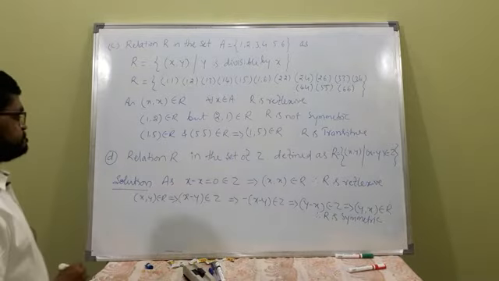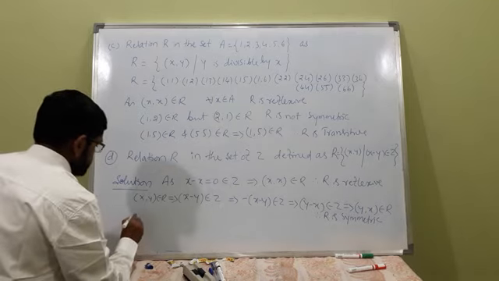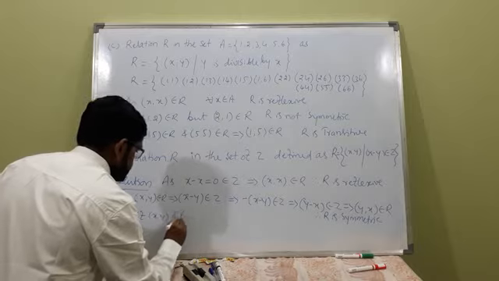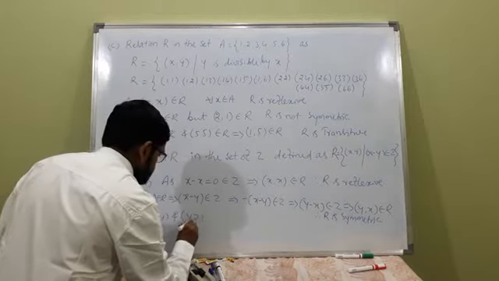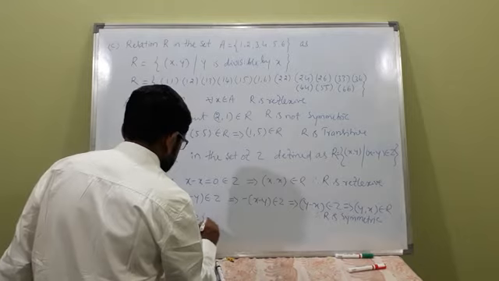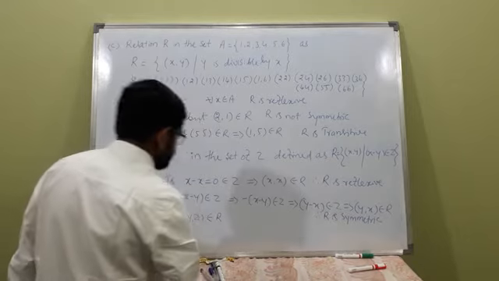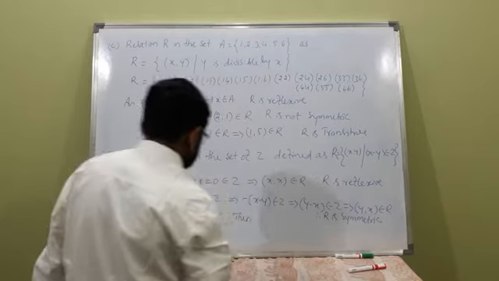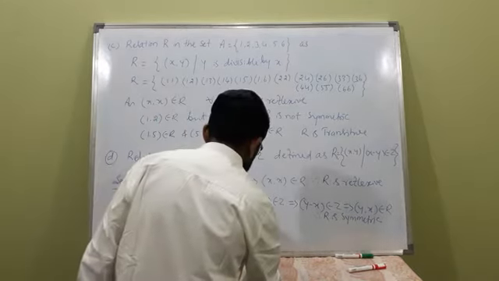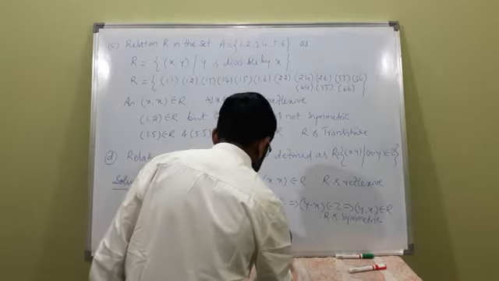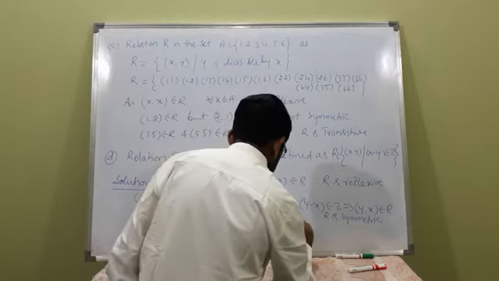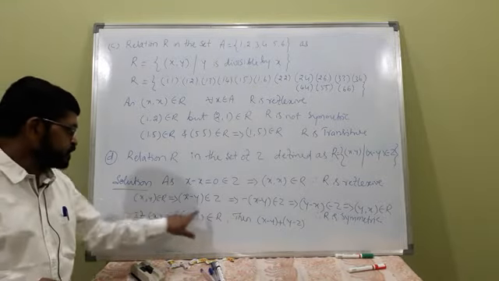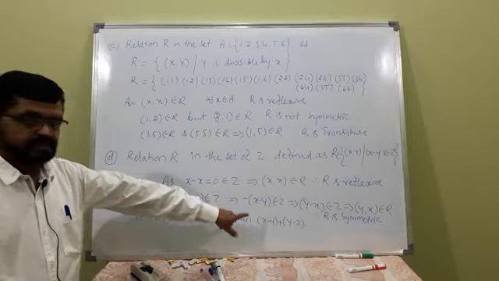Okay. If (x, y) and (y, z) belong to R, then x minus y plus y minus z. (x, y) belongs to R means x minus y is an integer. (y, z) belongs to R means y minus z is an integer.